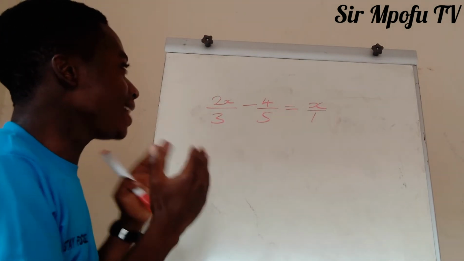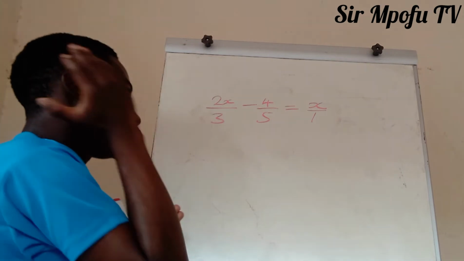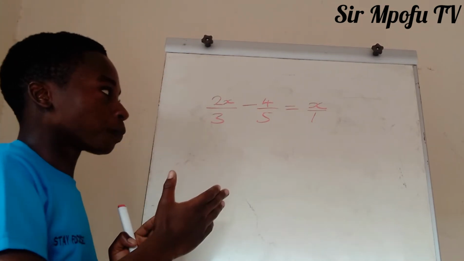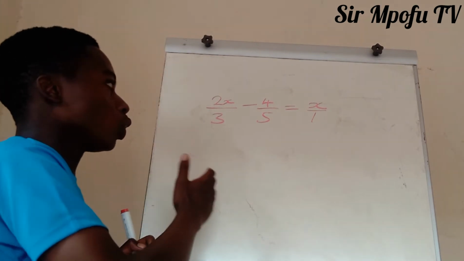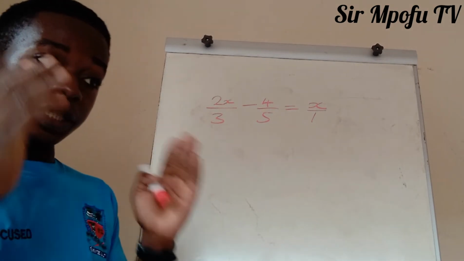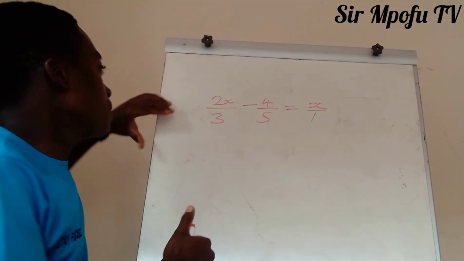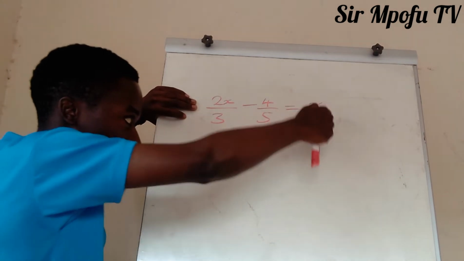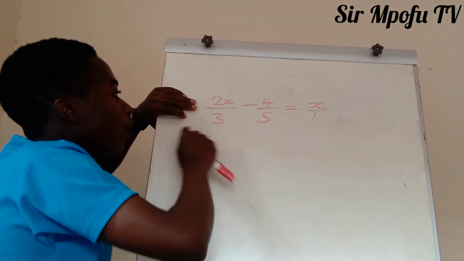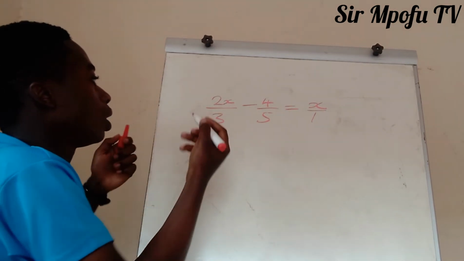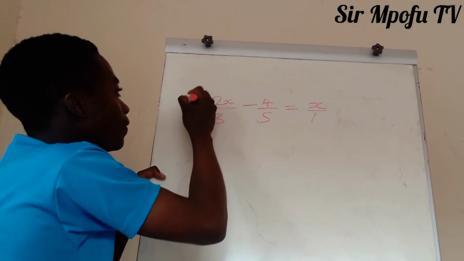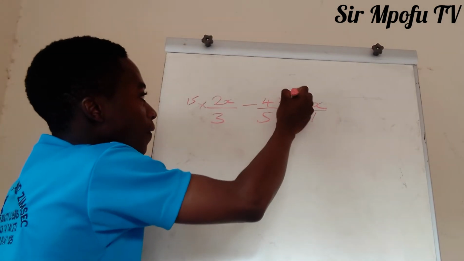So for you to maintain the equality, what you do to each and every term, you should do to each and every term. You get what I'm saying? If you increase this, you should increase this and that as well. So for us to eliminate the fractions, we multiply by 15 here, here and here as well.